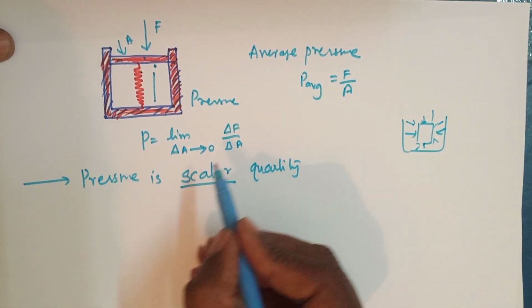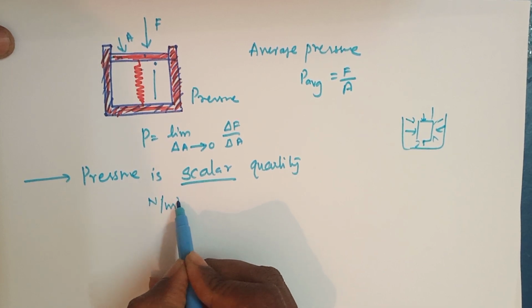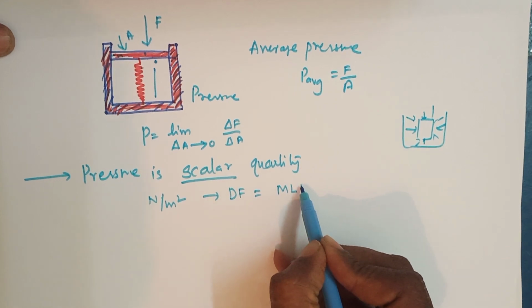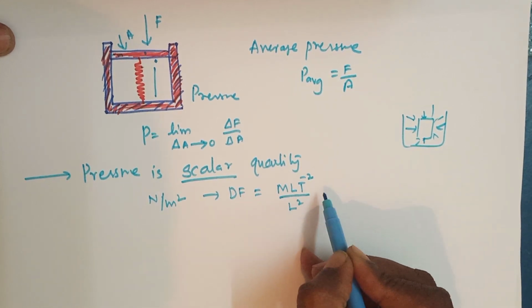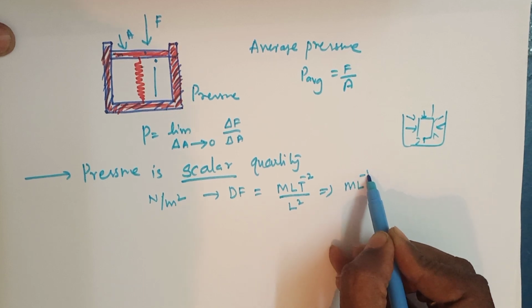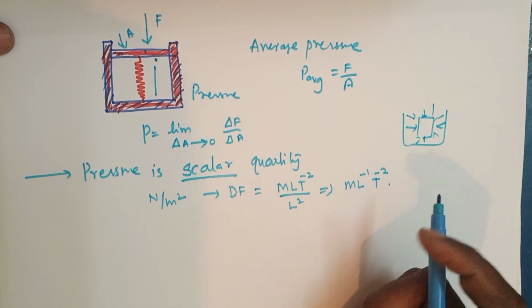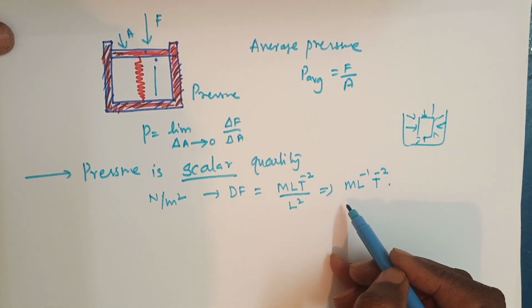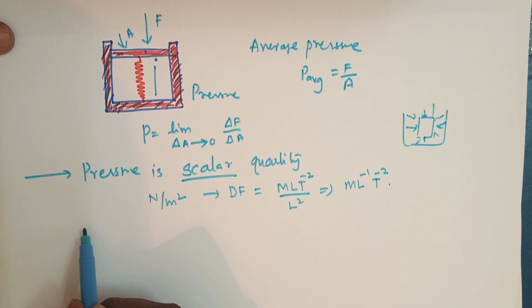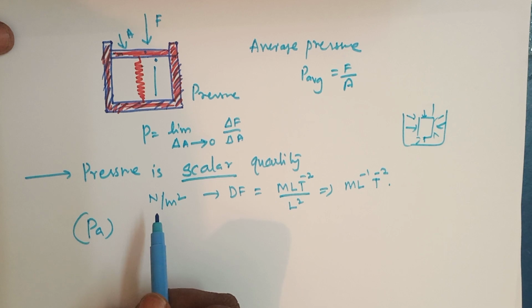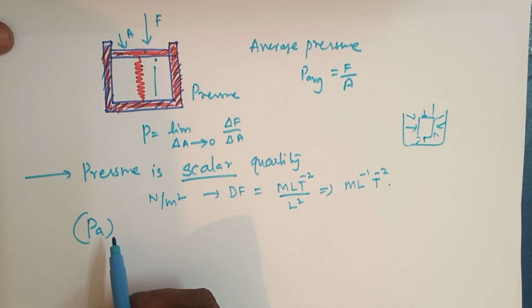The unit is Newton per meter square. What is the dimension formula? M L T power minus 2 by L square, so M L power minus 1 T power minus 2. The unit of pressure is named Pascal in honor of the French scientist Blaise Pascal, who carried out research studies on fluid pressure.